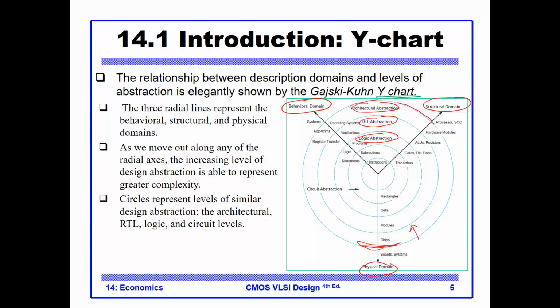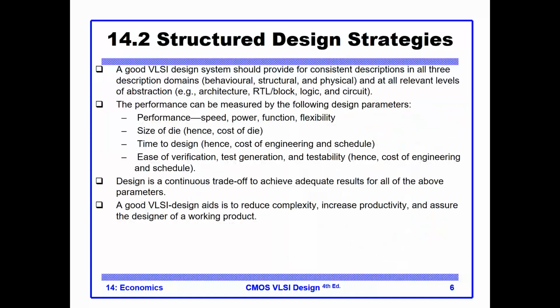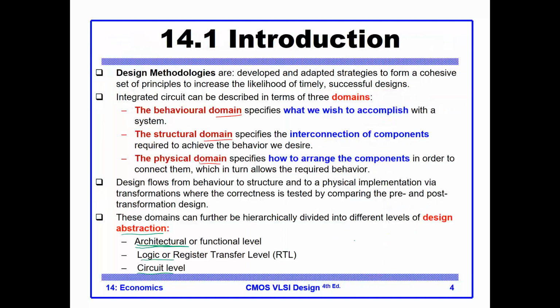Then we move to more detail, to the RTL and logic, where in the behavior view we talk about the algorithms, some of the OS, the applications, and in the structure we start talking ALUs, registers, modules, and here in the physical modules as well. And then we go deeper, moving from the architecture to the RTL to the circuit level, obviously as stated in the earlier slide.